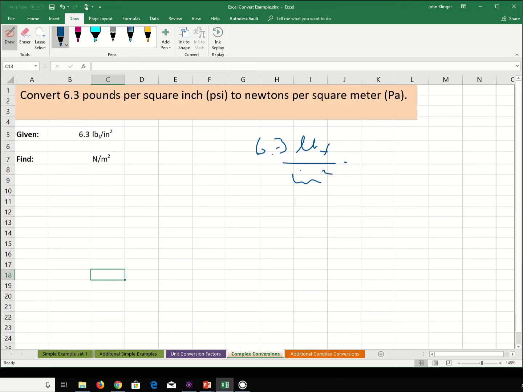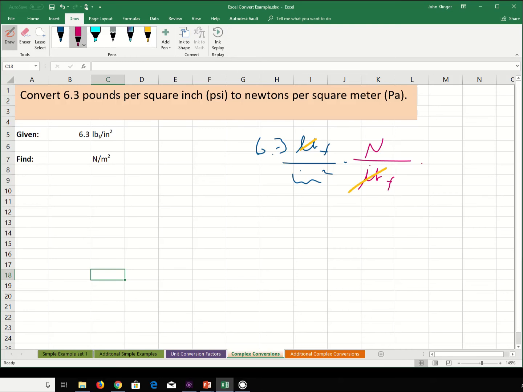I'm going to multiply it times a conversion factor. My first conversion factor is to get rid of my pound force, so I want my pound force in the denominator and my newtons in the numerator. This allows me to cancel off my pound force, right?